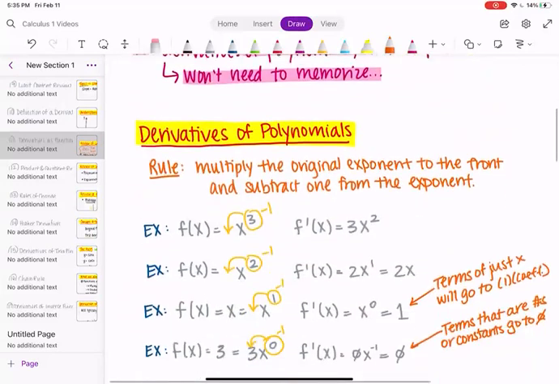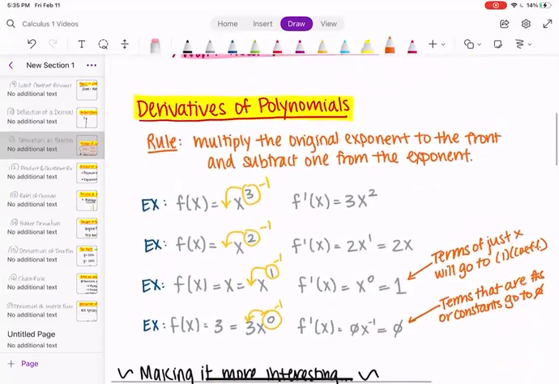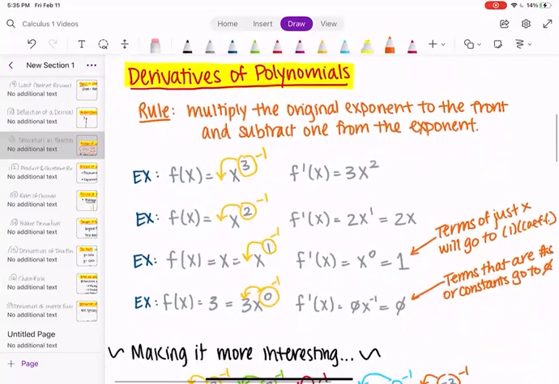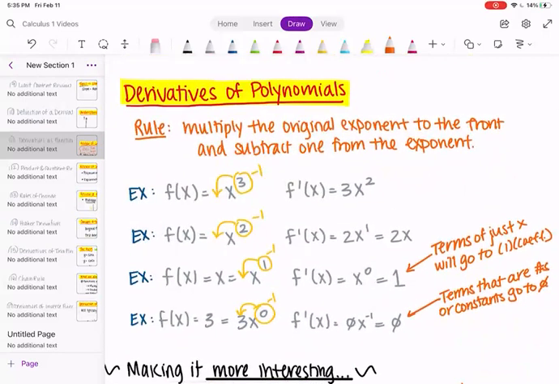The derivative of polynomials will always follow the same pattern. You multiply the exponent from the original function to the front, so you multiply the exponent times the coefficient, and then subtract 1 from the original exponent.